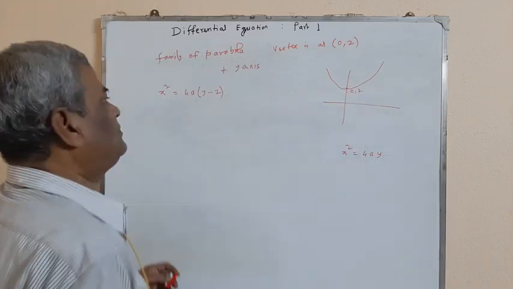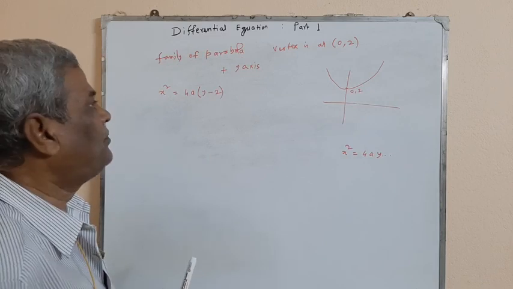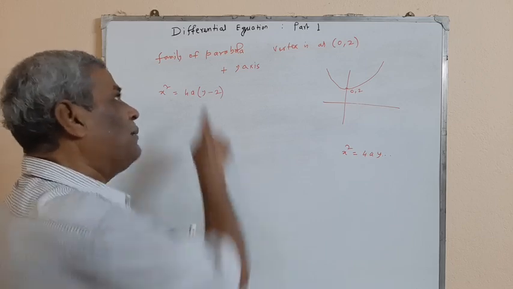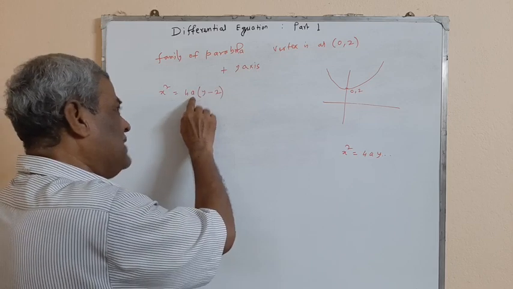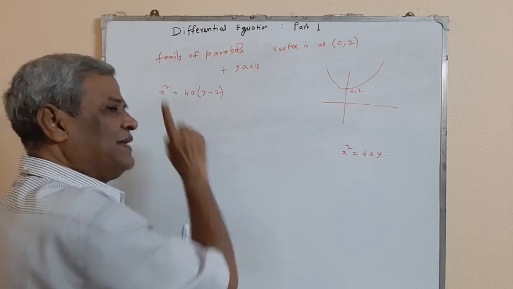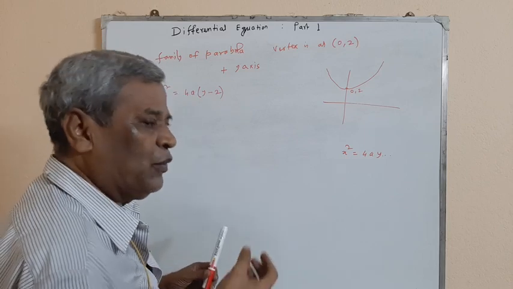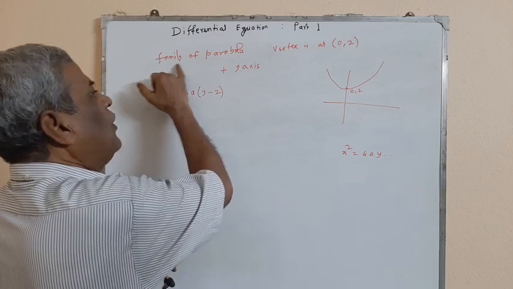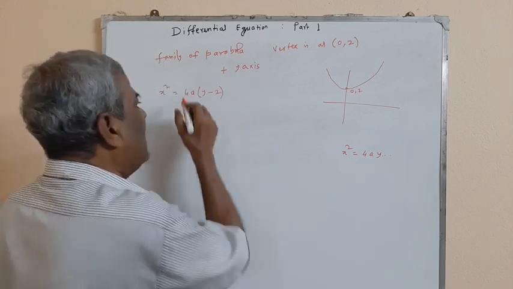So this is the equation of the parabola, and it is told that it is a family of parabolas. Why family? You see, a is an unknown parameter, a is a constant. For each value of a, you get a parabola of the same nature. That's why it is called a family of parabolas. But here only a is the unknown parameter.